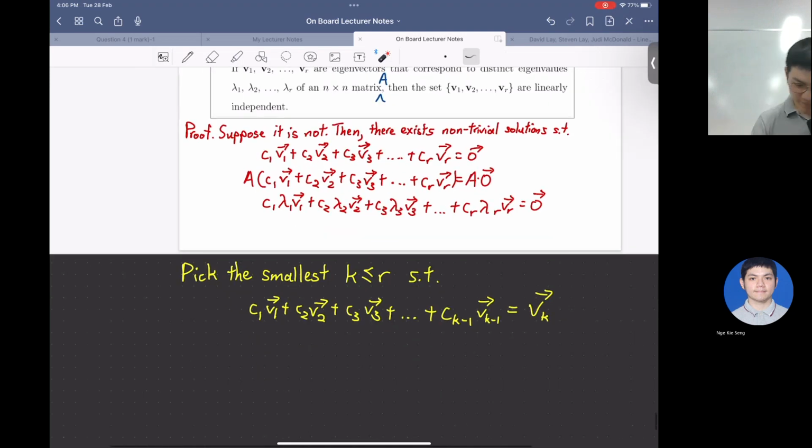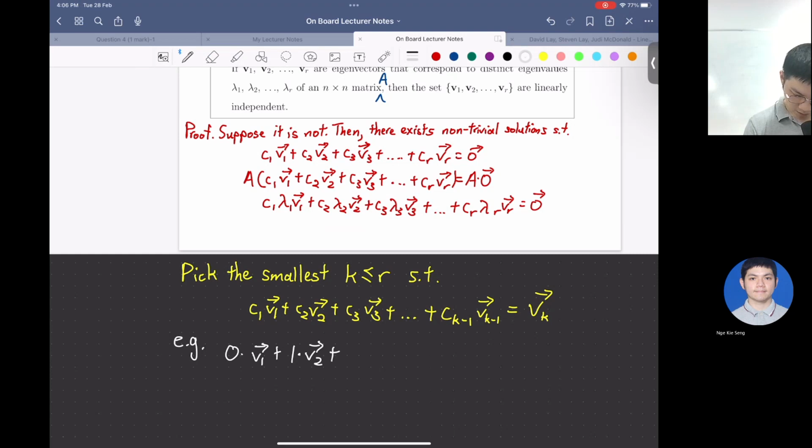For example, let's say C1 is 0, and V1 plus 1 times V2 plus 2 times V3 plus, for example, 3 times V4 plus maybe 0 times V5 all the way up to 0 times Vr.